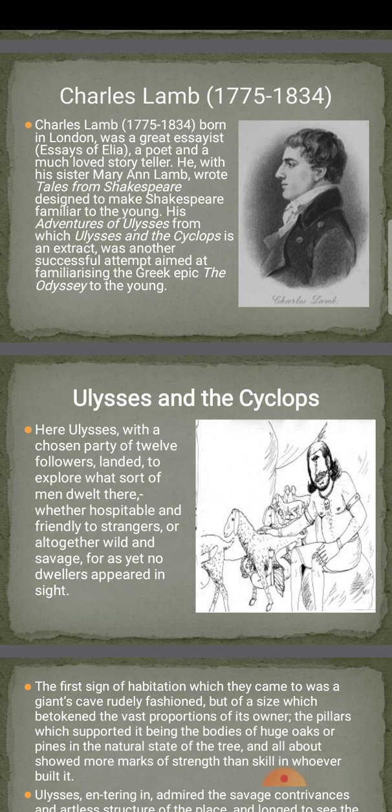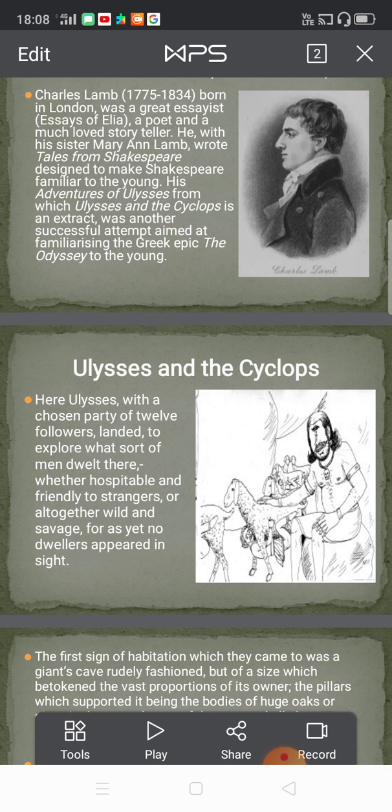Here I am showing the picture, see children, that is a Cyclops. He is a Cyclops. See, only one eye in the forehead he is having. He is a very big personality, and his men were all living on an island, and they were shepherds. Shepherds means those who rear sheep.